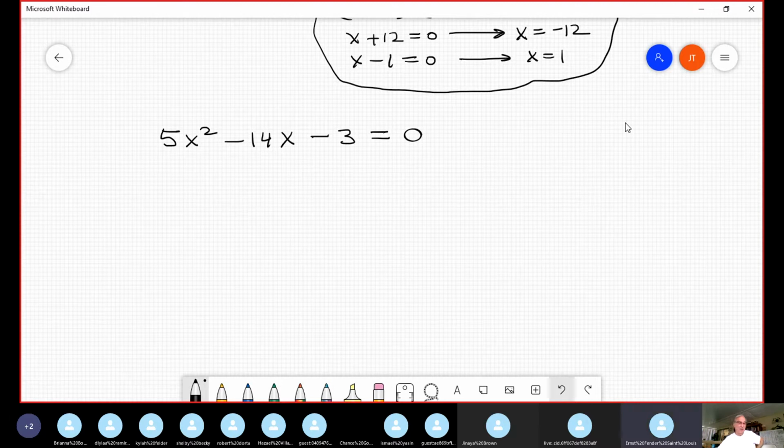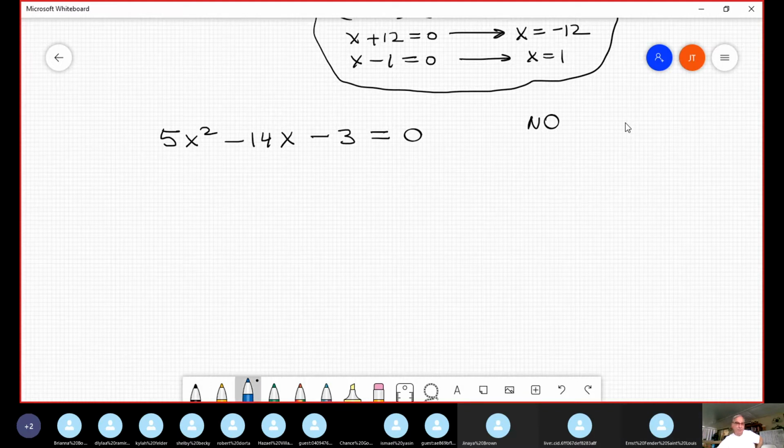So, what do you want? Honestly, I would not take factorization in this case. Yes or no? No factorization. Okay. So, which method do you select? The formula.